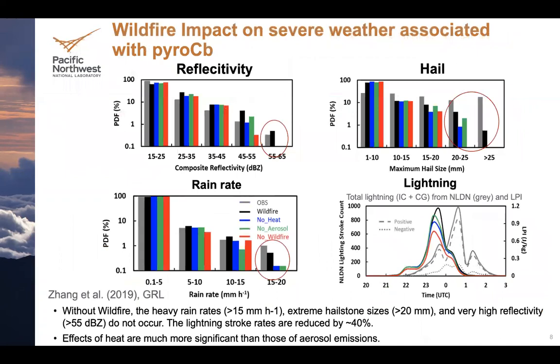And for the severe weather associated with PyroCV, which is mainly the heavy precipitation and also the hail and the lightning, we find that without wildfire, the heavy precipitation larger than 15 millimeters per hour, those extreme hailstone sizes larger than 20 millimeters in diameter, and those very high reflectivities larger than 55 dBz do not occur, and the lightning stroke rates are also reduced by about 40%.